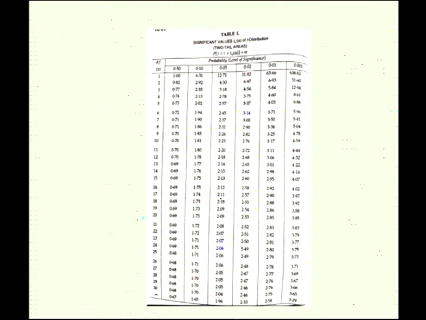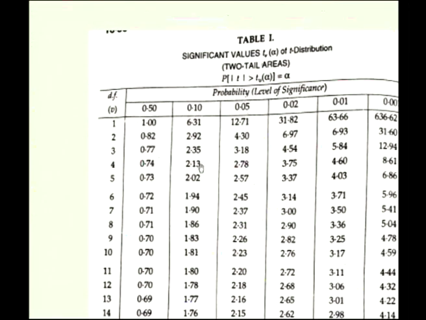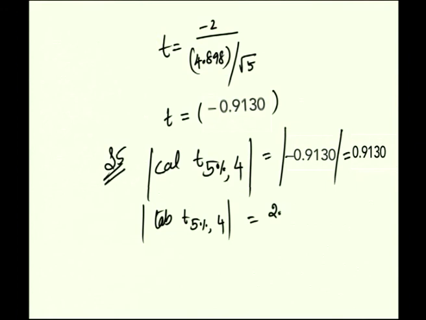This being a one-tailed test, although it is 5%, we must look into 10% for 4 degrees of freedom, because the alternative hypothesis is one-tailed. So, 10% and 4 degrees of freedom is 2.13.